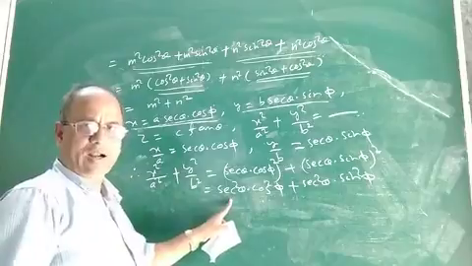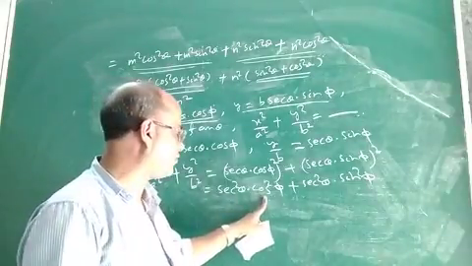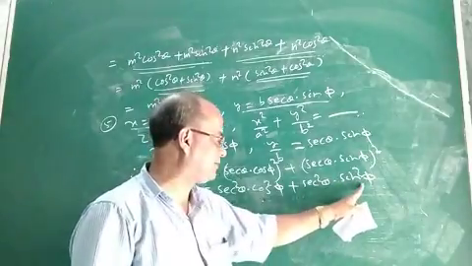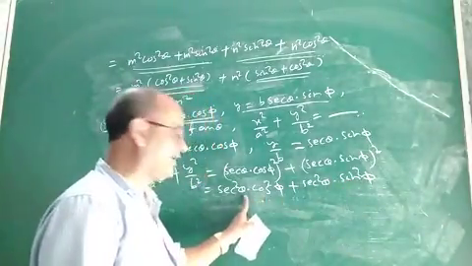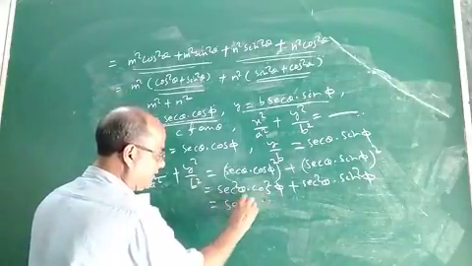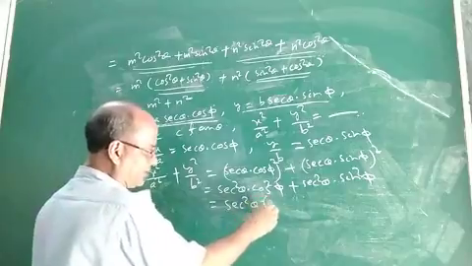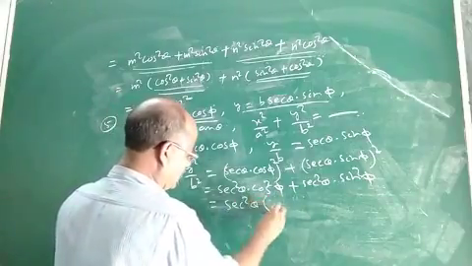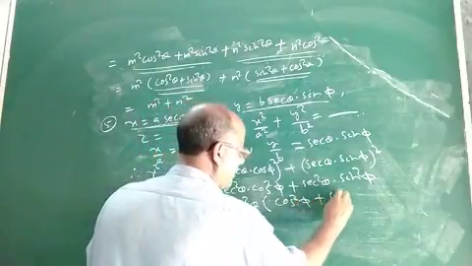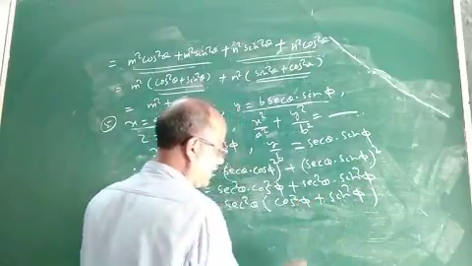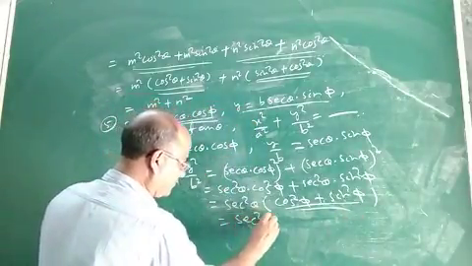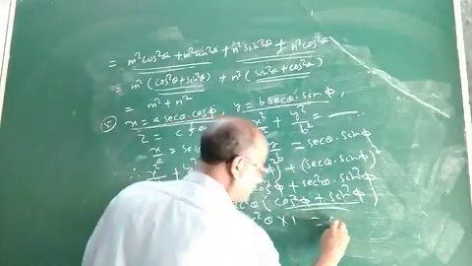Now sec square theta is multiplied by cos square phi, and in the second term sec square theta is again multiplied by sin square phi. So we can take common sec square theta, and here it will be cos square phi plus sin square phi. Now cos square phi plus sin square phi is 1. So it is sec square theta into 1, that is sec square theta.